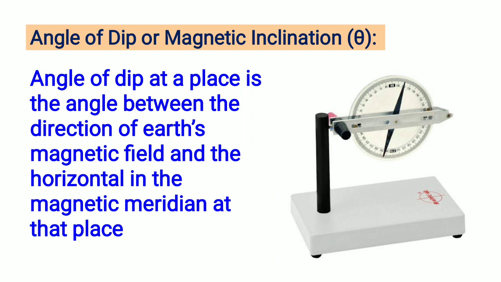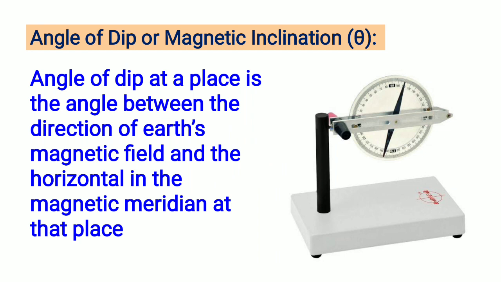At any place where you keep this dip needle, you will get an inclination. This helps to navigate aircraft. While the aircraft is flying above a particular place, we want to know which place it is, so the navigation system also works based on this. Different places have different values of the angle of dip.